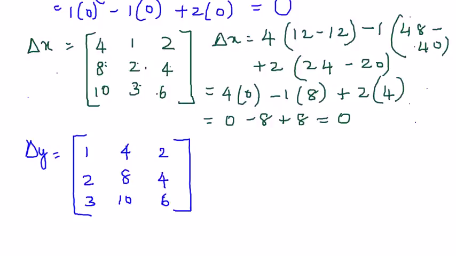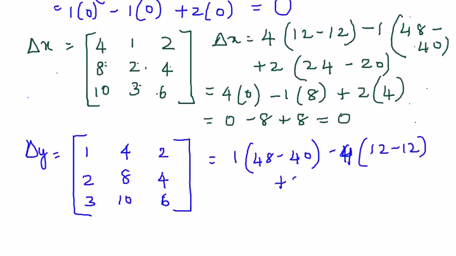So this becomes 1 into 48 minus 40, minus 4 into 12 minus 12, plus 2 into 20 minus 24, which is 8 minus 0 plus 2 into minus 4, that is minus 8. So again this gets cancelled, and the result is 0.